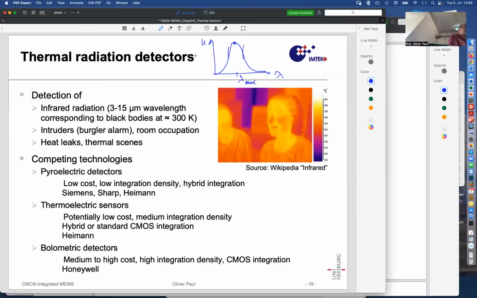Visible radiation has what wavelength? Nanometers. Yes. I'm writing it in micrometers now, so that we have the comparison. So this is the visible spectrum. If a body emits at these wavelengths, do you know what temperature it has?